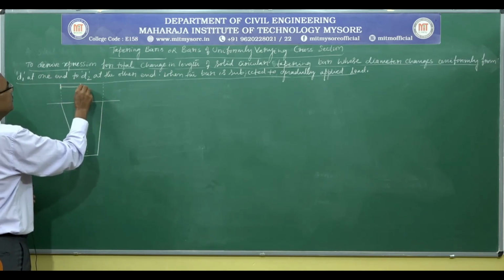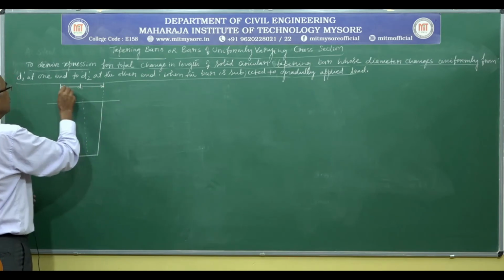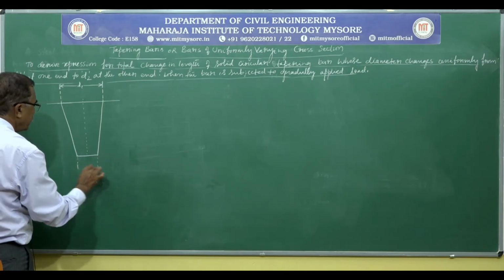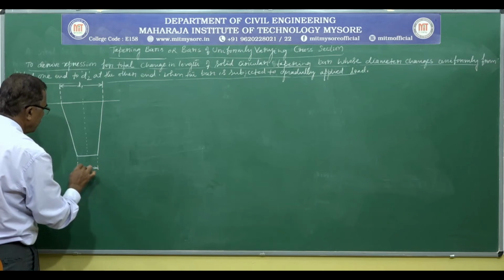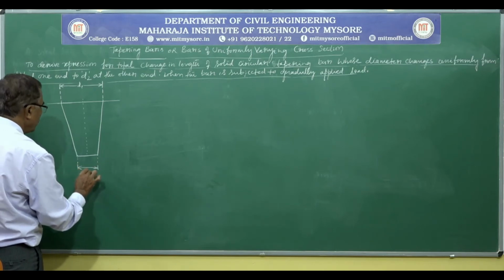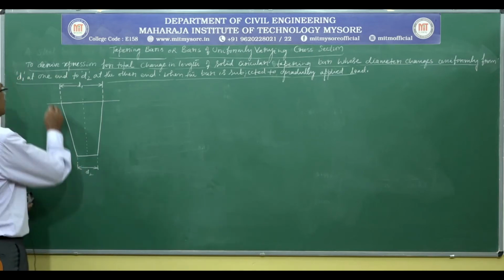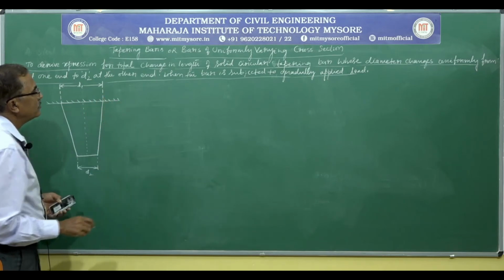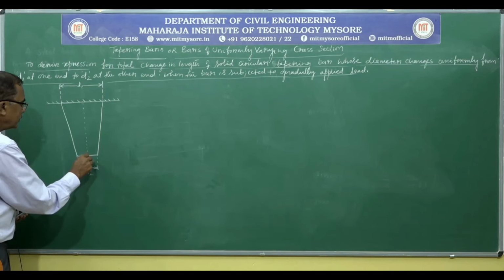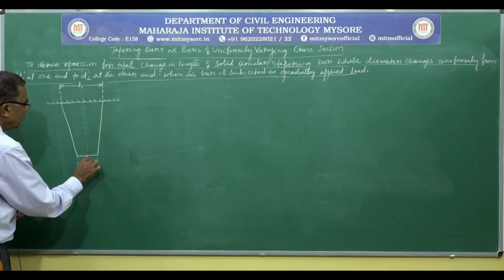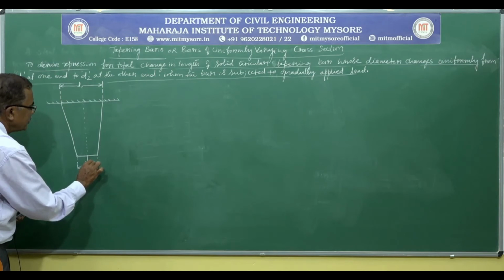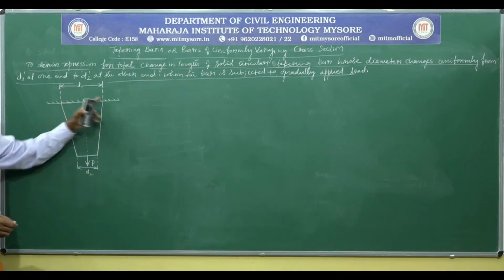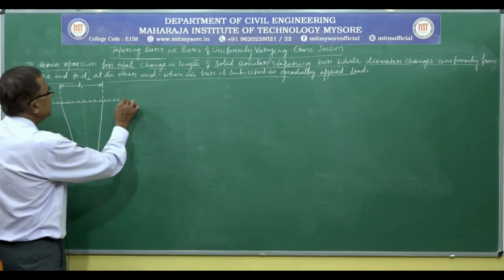So, its one end diameter is d1 and the other end diameter is d2. Need not be d1 first, d2 second, you can take bottom d1 and top d2, no problem. It is subjected to an axial gradually applied load. Let us consider a load which is acting axially. The magnitude of the load is say P. I can replace this fixity and show P here, or you can show fixity, so no problem. Let L be the length of the bar.